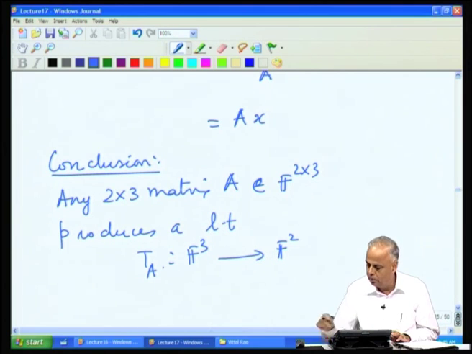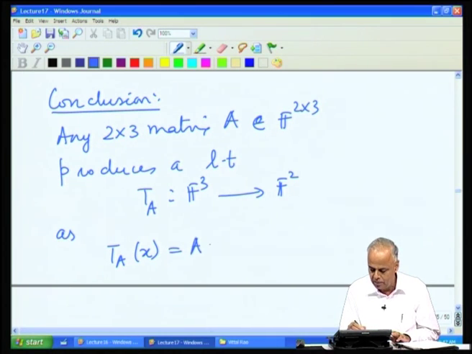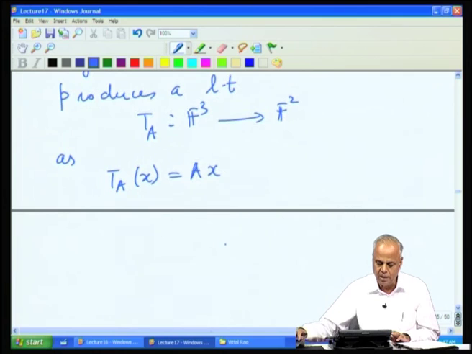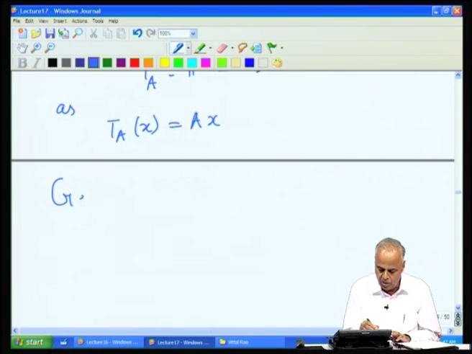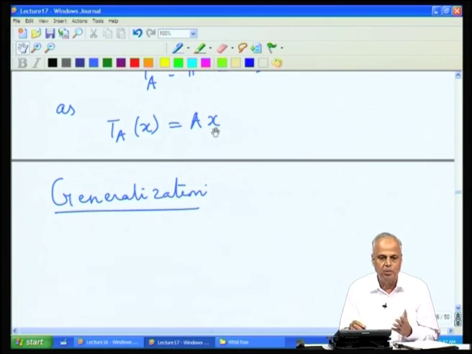Since it depends on A, we will write it as T_A, with T_A of x equal to A times x, and this can be generalized as follows. Written in this form, it is very easy to verify that T_A of x plus y is Ax plus Ay, because matrix multiplication is distributive, and T_A of alpha x is alpha times Ax, because scalars can be pulled out of matrix multiplication.